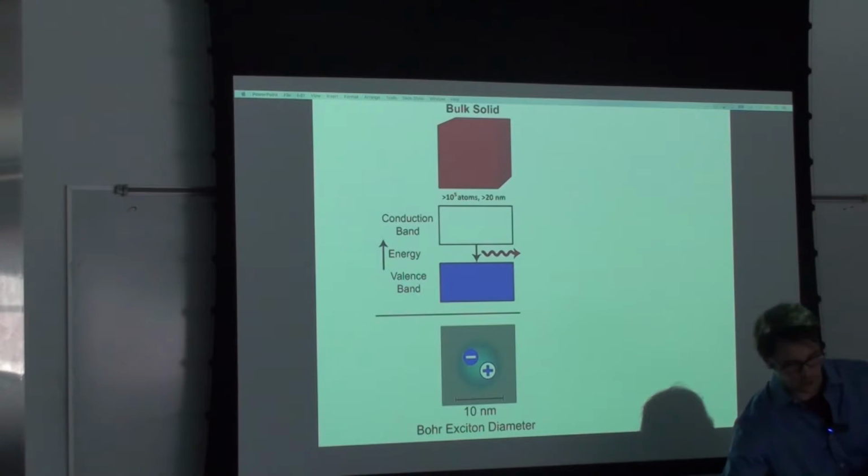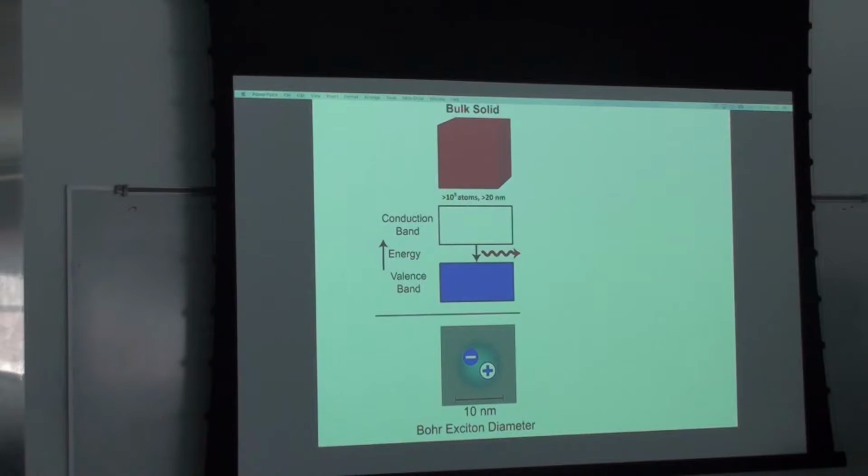And this is why it's tunable. So basically you have this electron and hole. They're like a negatively charged particle and a positively charged particle. And as you might imagine, they'll electrostatically attract each other. And they do so in a semiconductor, which is a really big material.